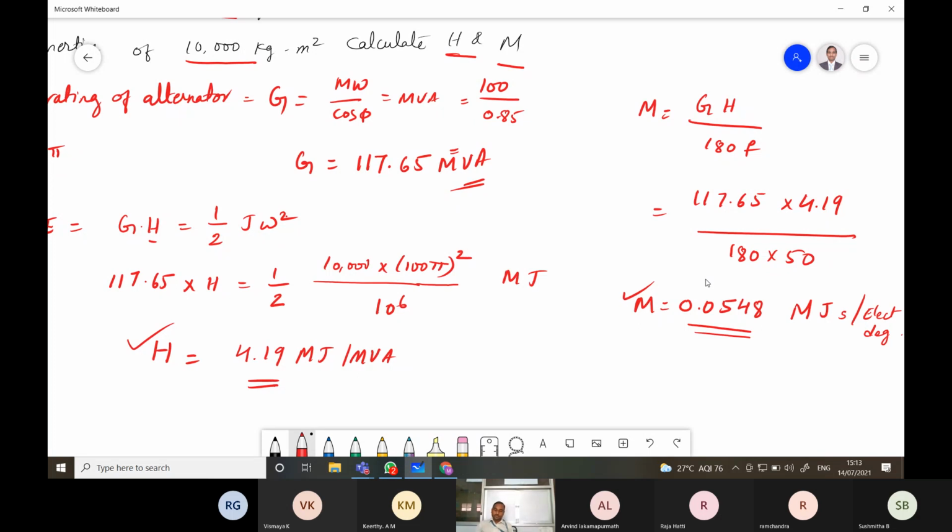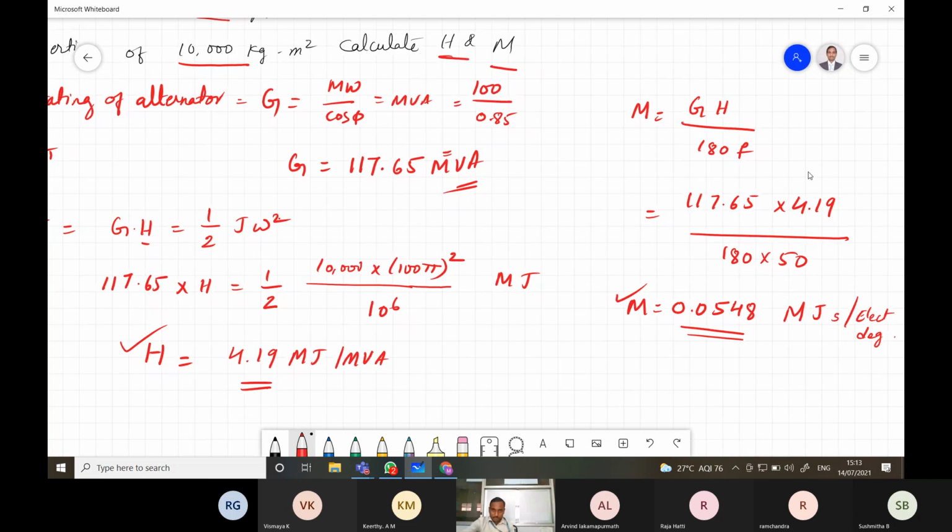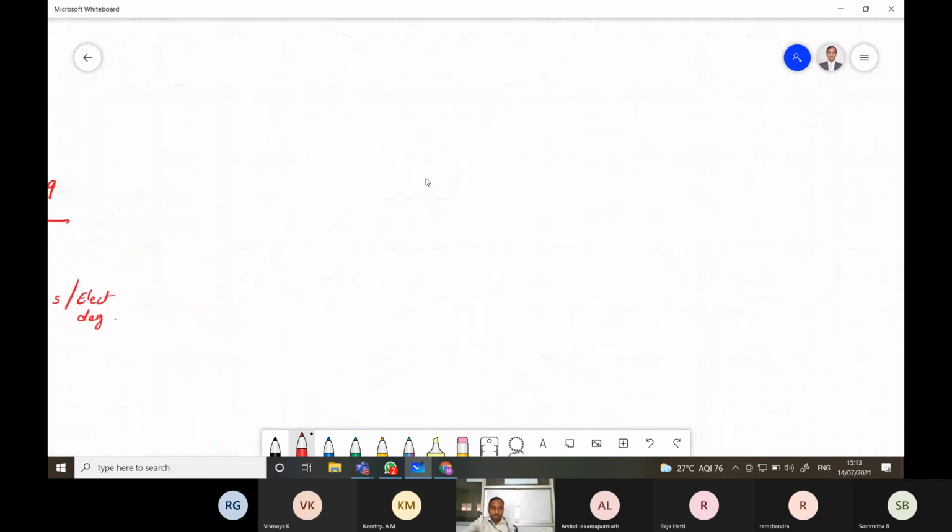That is a simple problem. Take the next problem. Two power stations A and B are located close together.